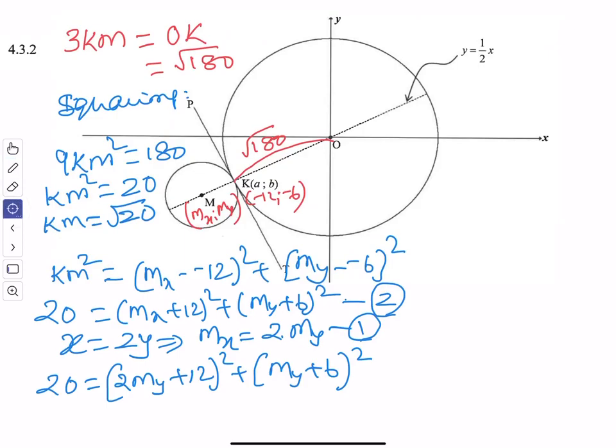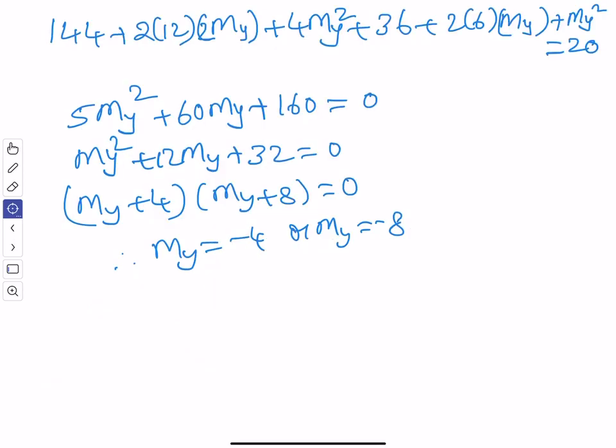Negative 4 is out of the question because negative 4 comes somewhere here. Looking at the diagram, My has to be negative 8. It cannot be negative 4. That's a very important key point, so I put it in red.